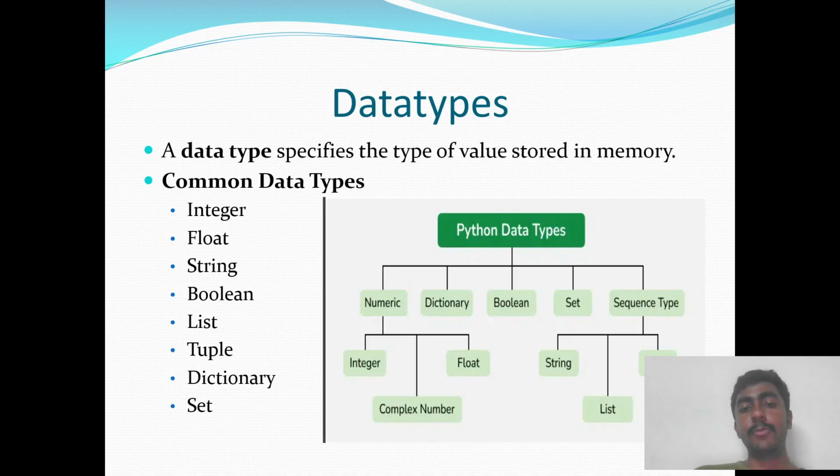So why do we need data types? Let's understand with a real example. Imagine you are organizing items in your hostel room. You don't keep your clothes, books, toiletries, and food all in the same place. Instead, you separate them.